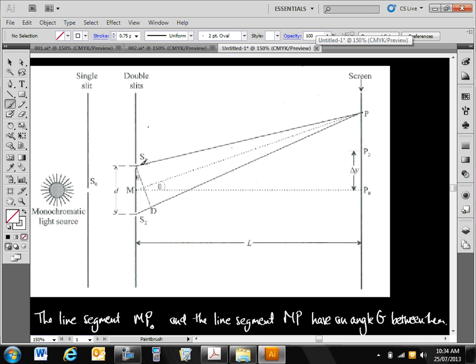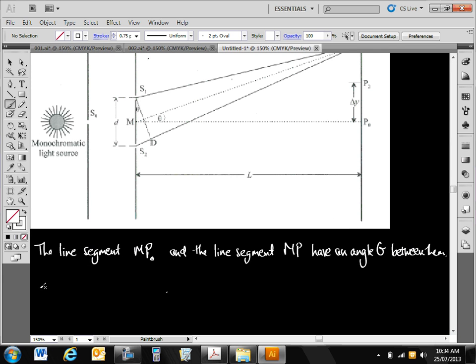The path difference between those two, S1P and S2D, we'll call delta S, is equal to S2P minus S1P, equals S2D.